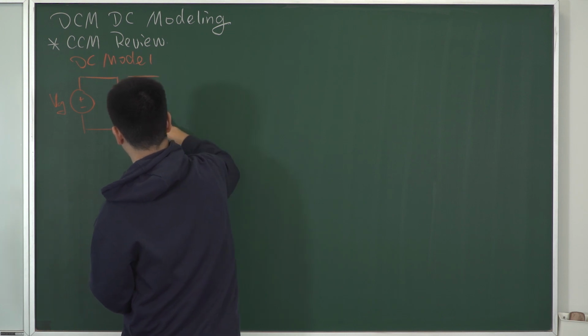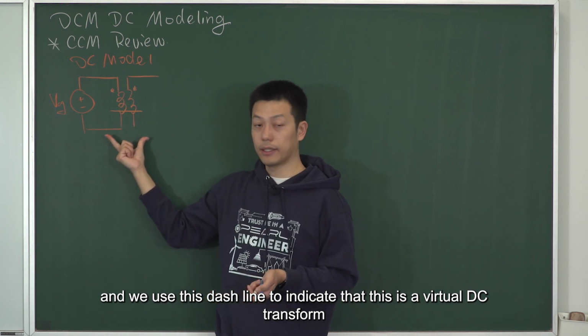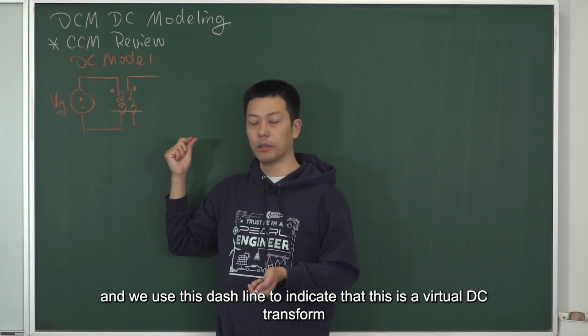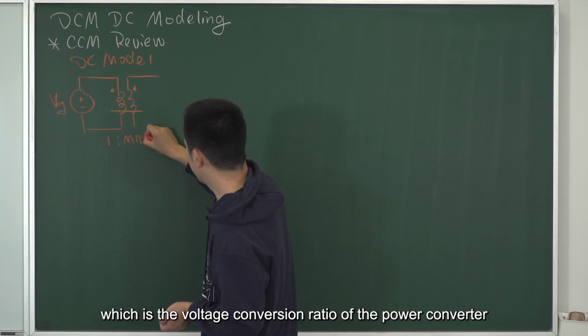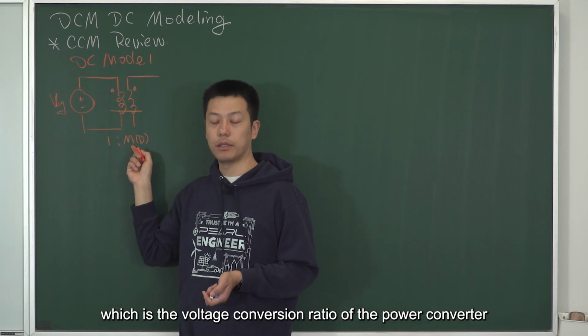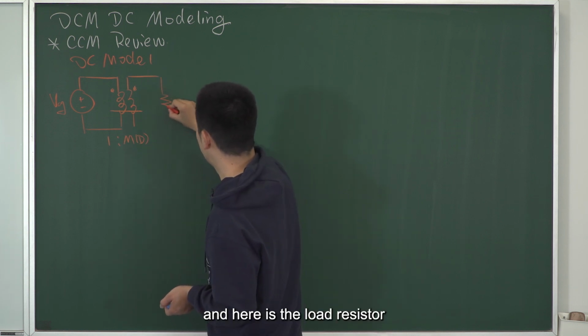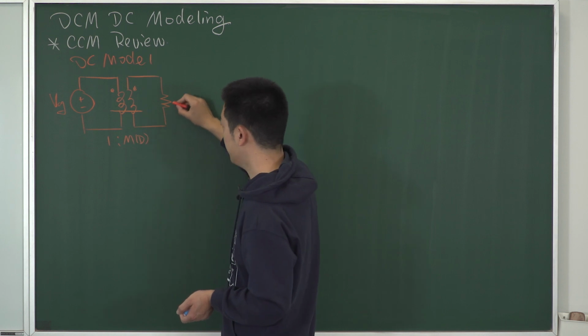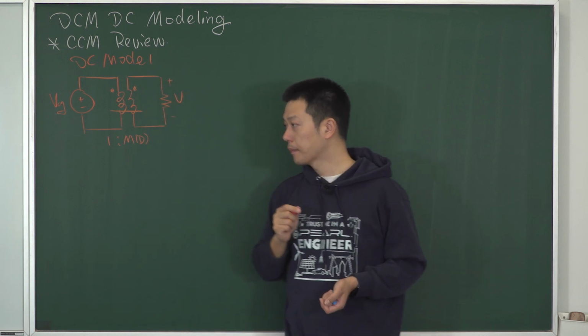We use the dashed line to indicate that this is a virtual DC transformer. The turns ratio is 1 to MD, which is the voltage conversion ratio of the power converter. And here is the load resistor. The output voltage is marked as capital V.